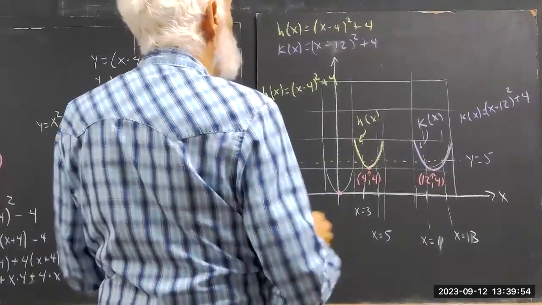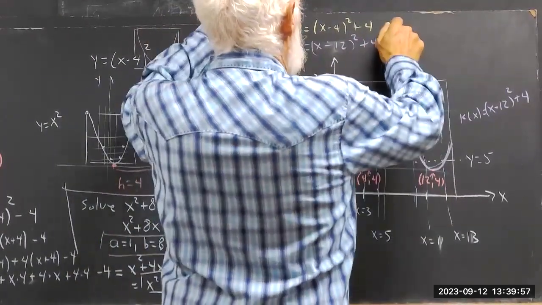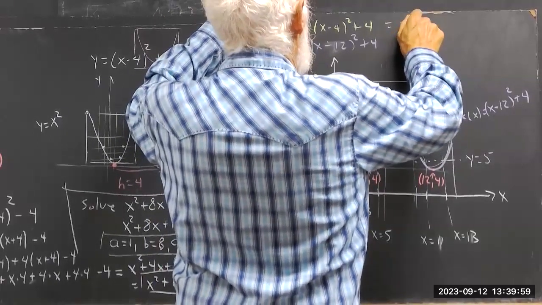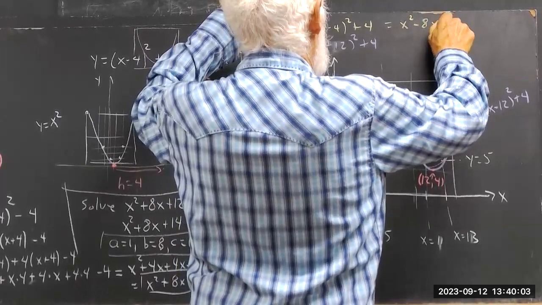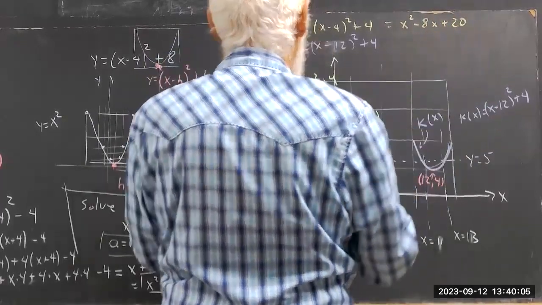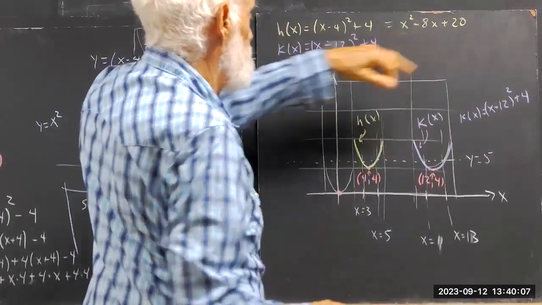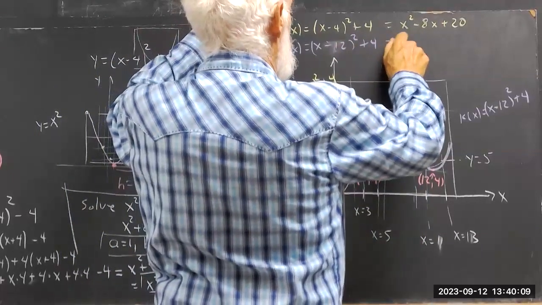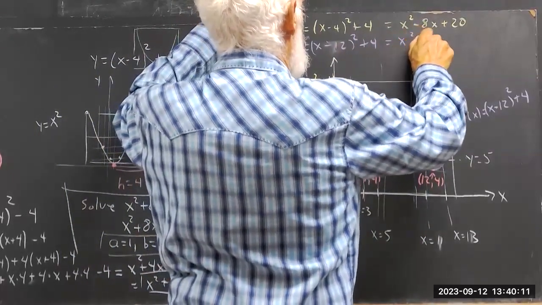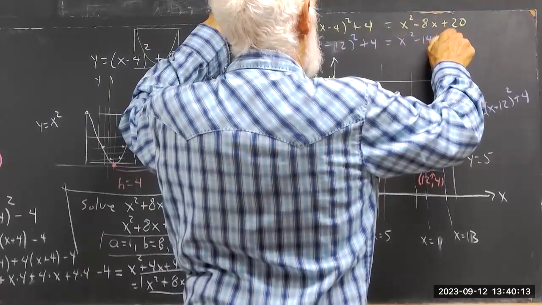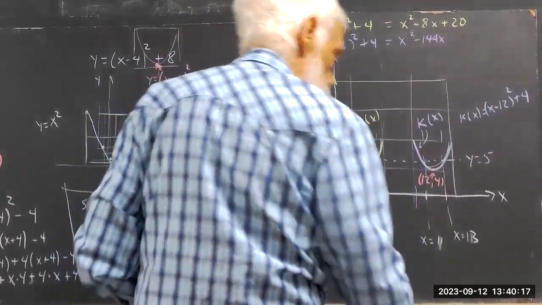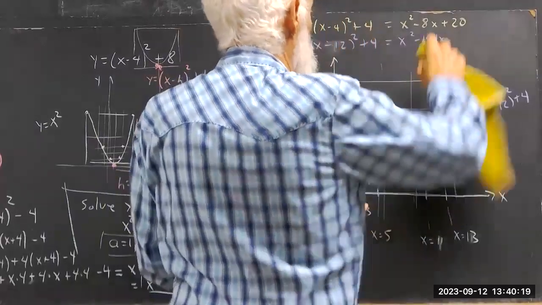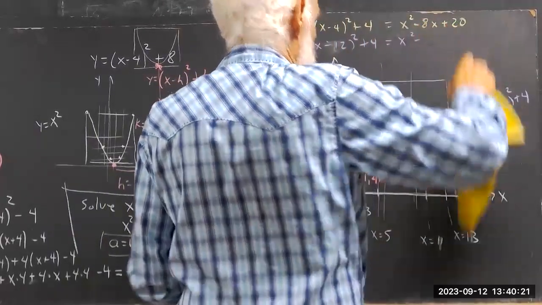Okay. We can expand these. This one becomes x squared minus 8x plus 20, this becomes x squared minus 24x plus 144. 144x squared is 144, 2 times 12 is 24.